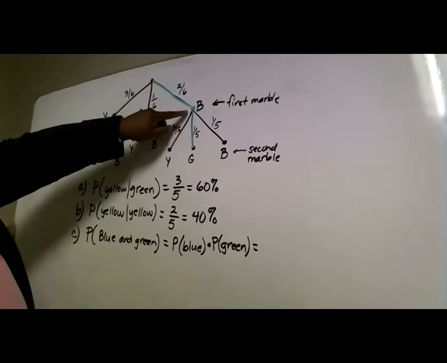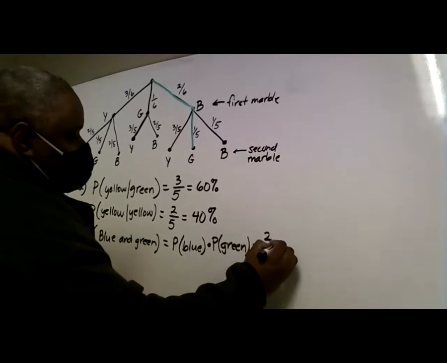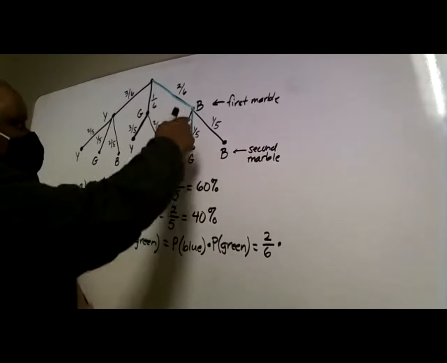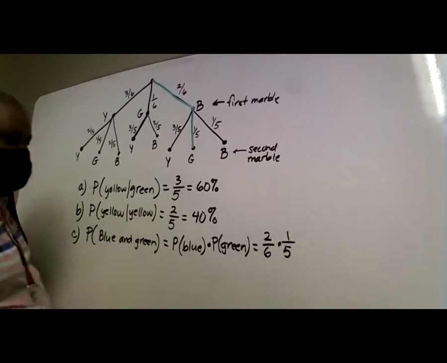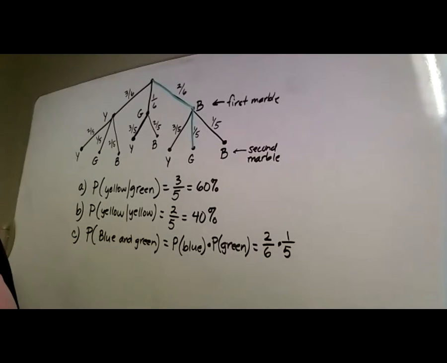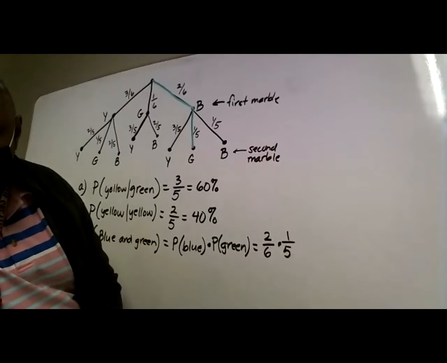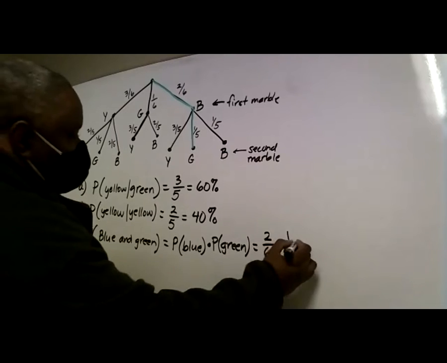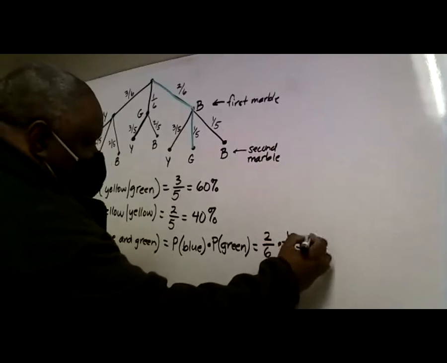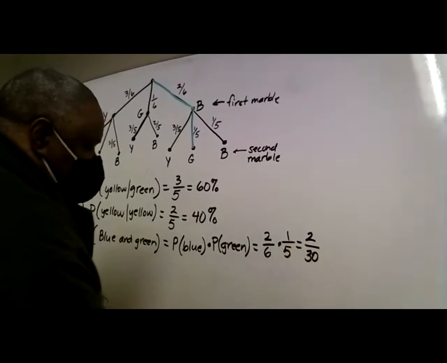From here, the probability of a blue is 2/6 times the probability of getting a green, which in this case is 1/5. Okay. So 2/6 times 1/5, I'm going to do 2 times 1, that's 2, then 6 times 5, and the denominator is 30.